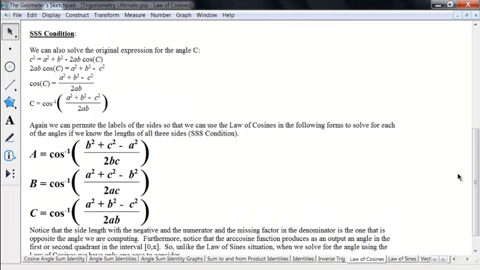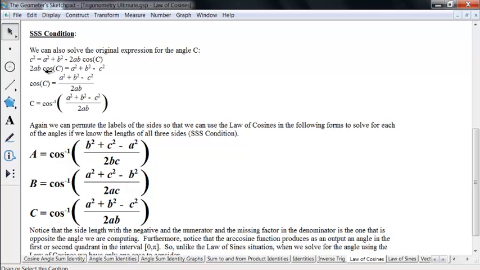Now, if we take our original expression, c squared equals a squared plus b squared minus 2ab cosine of angle c. This time I want to solve for the angle C. So I'm going to get a squared plus b squared, I'm going to subtract c squared, and I'm going to add 2ab cosine of c to get these terms on these sides like this.